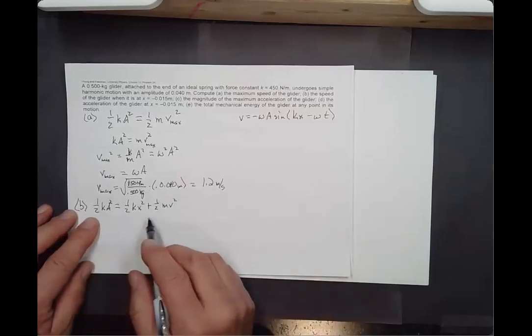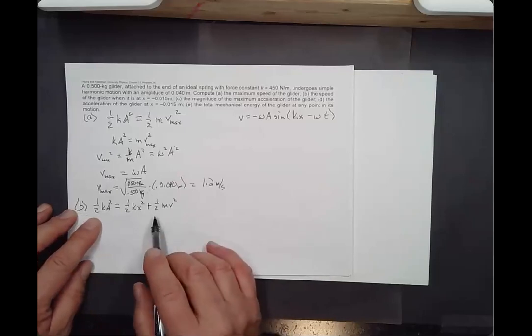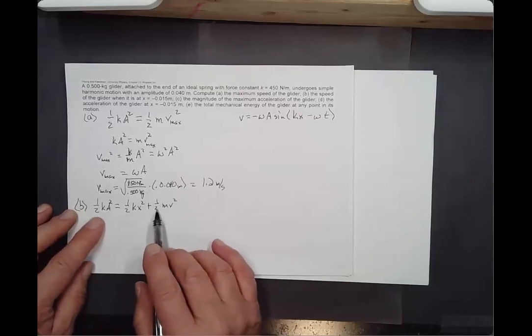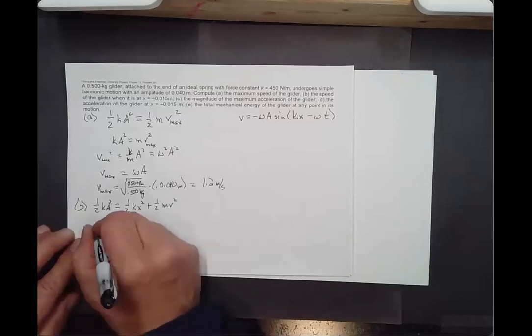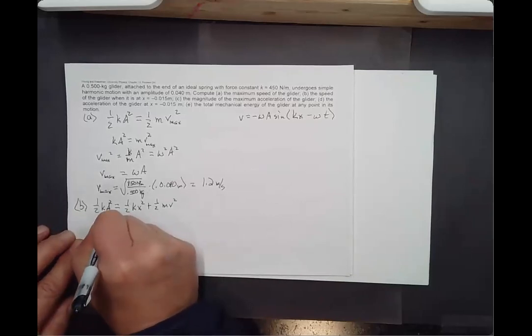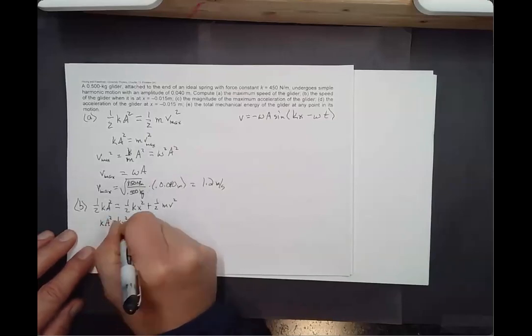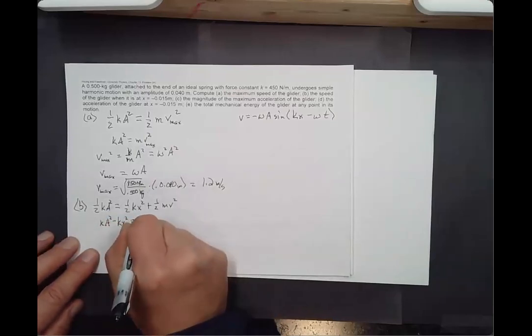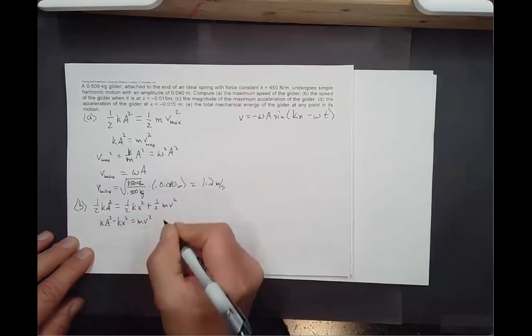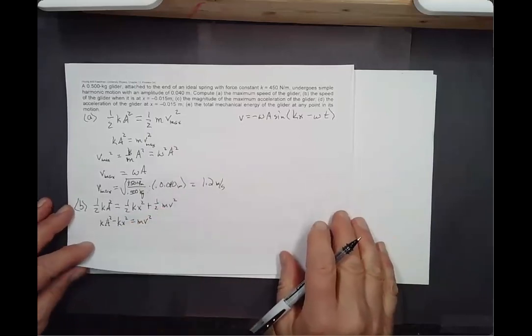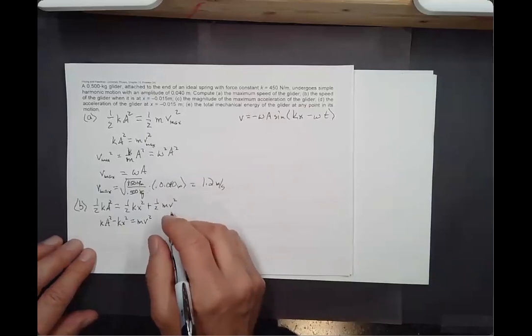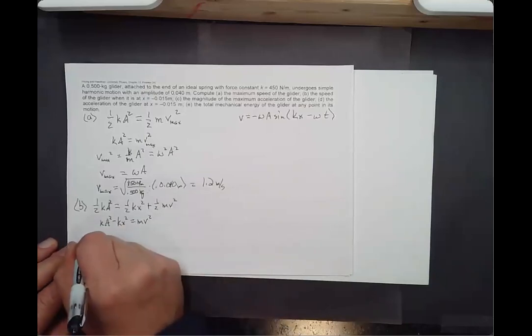So first of all, divide out by the 1/2, get rid of those, and you can say k a squared minus k x squared is going to be m v squared, or, let's see, v is, I'm going to do 2 algebra steps at once.